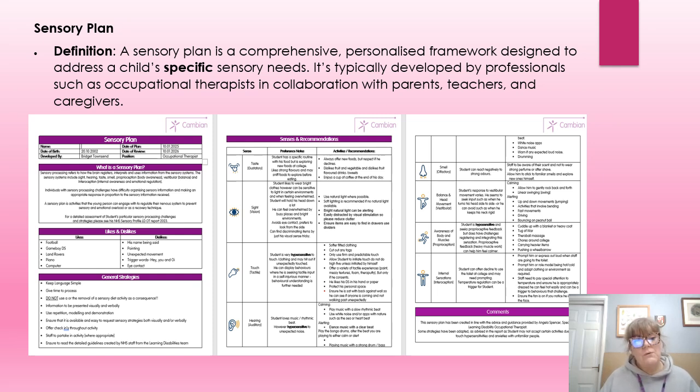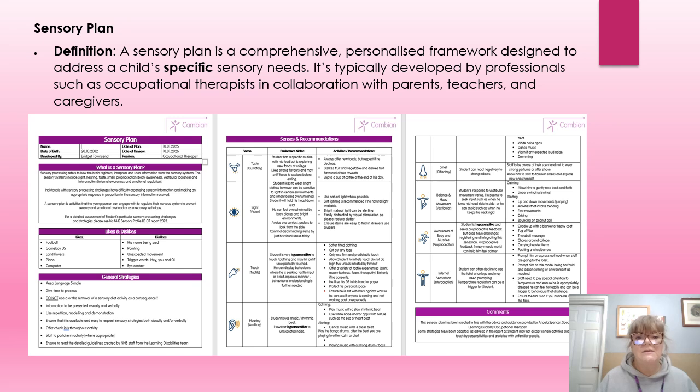I also use information that we find on the EHCP because quite often that's detailed information about the sensory needs of our young people, and I might also talk to the social worker or anybody else associated with the young person. And the purpose of a sensory plan is to create a structured approach to help a young person manage their sensory processing difficulties in daily life.